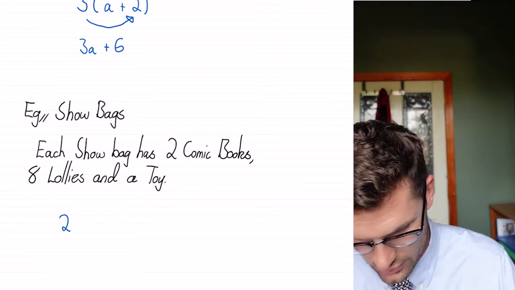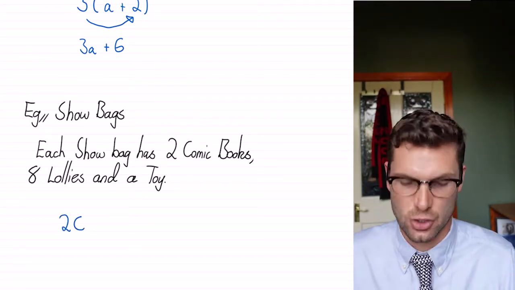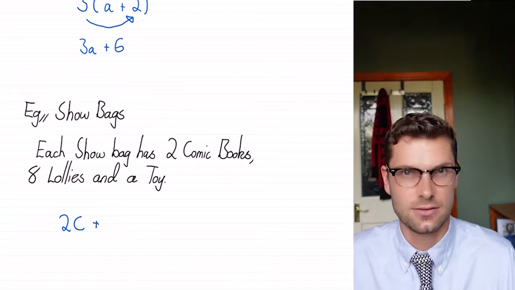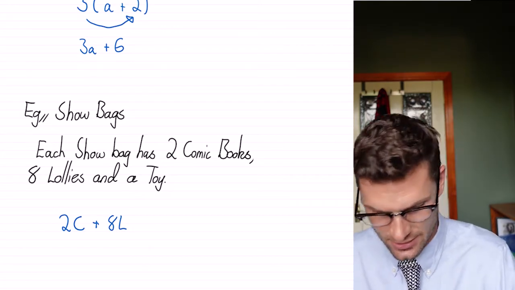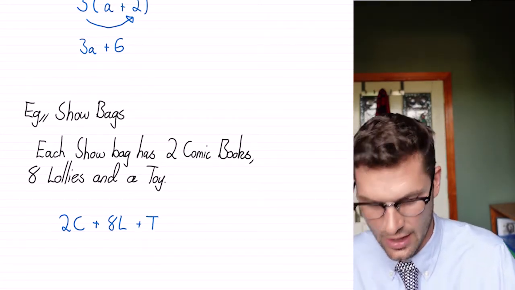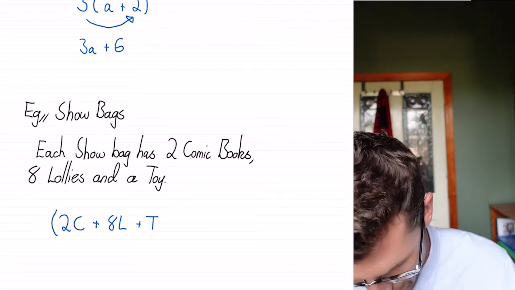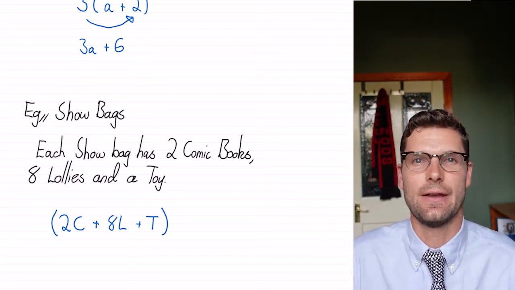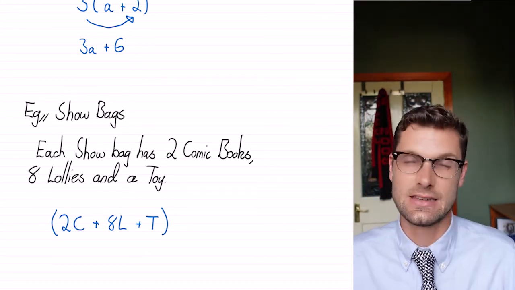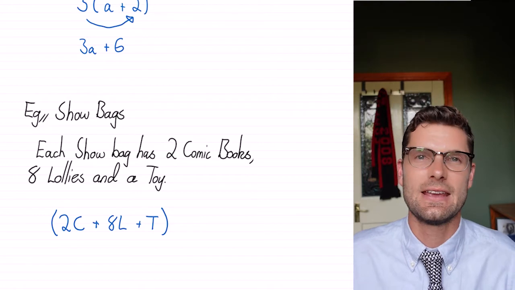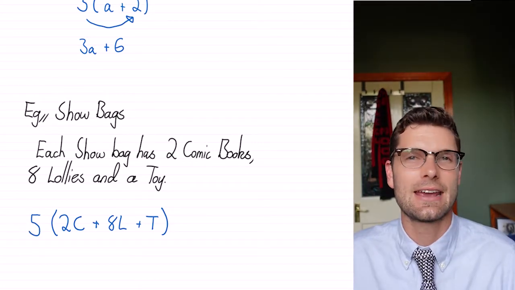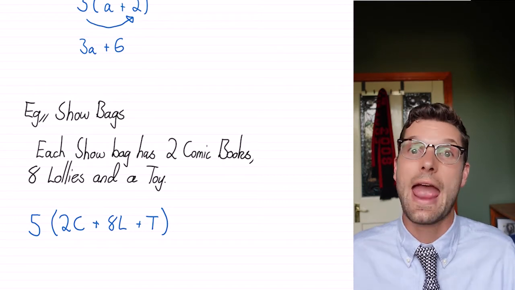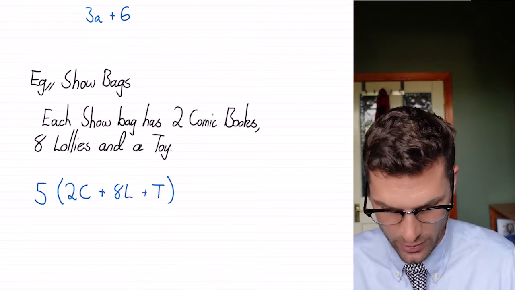So we've got 2 comic books, I'm just going to write as 2C, and 'and' means plus, 8 lollies and 1 toy. They're all within a bag, so we can't see what's in there. If I bought 1, this is exactly what I'd get. But say in this example, I bought 5. The expanding technique is going to show us how much of everything we get really quickly.